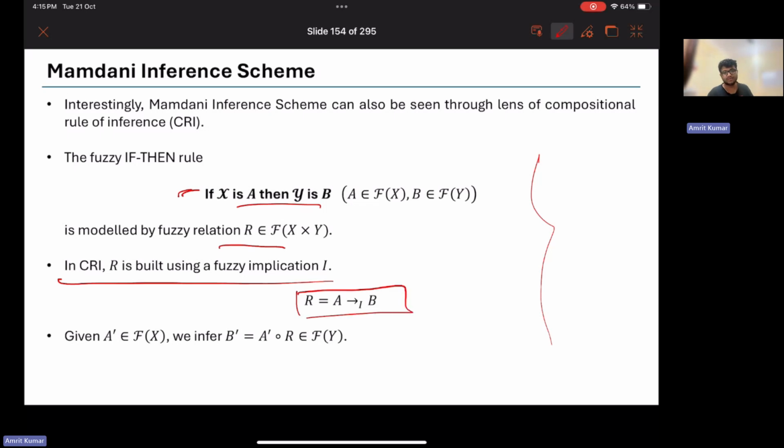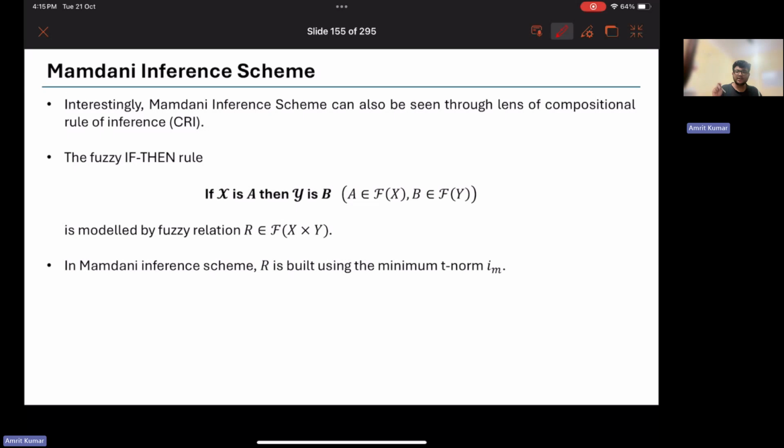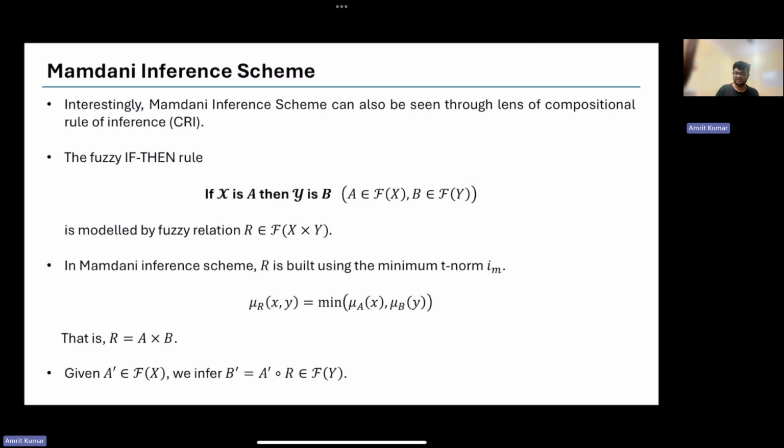You take the outer product of A and B. And then given an input fuzzy set A dash, you infer your output fuzzy set B dash in this particular manner. Now, suppose instead of using an implication I to build your fuzzy relation R, you use the minimum T-norm operation. Then let us infer our output fuzzy set B dash given input fuzzy set A dash.